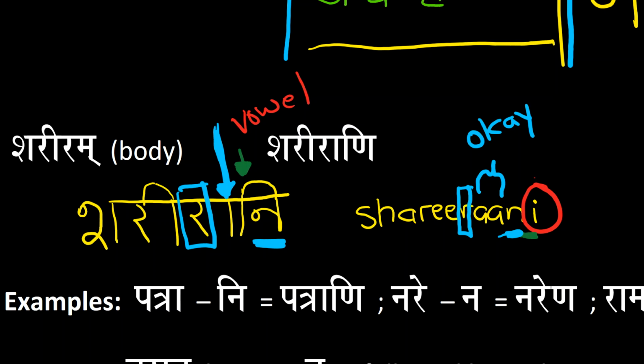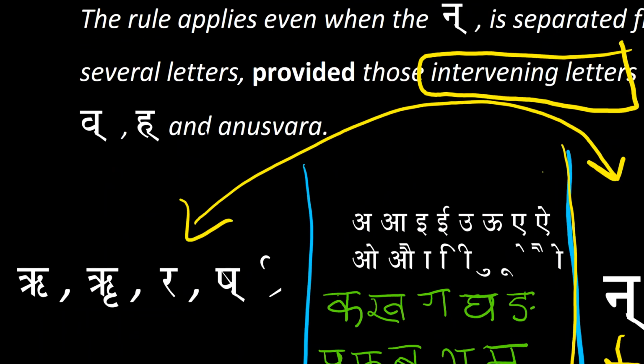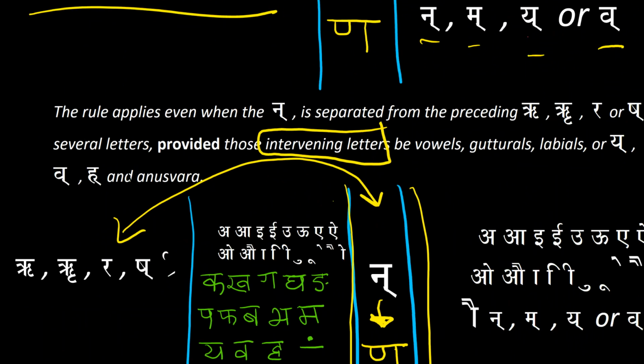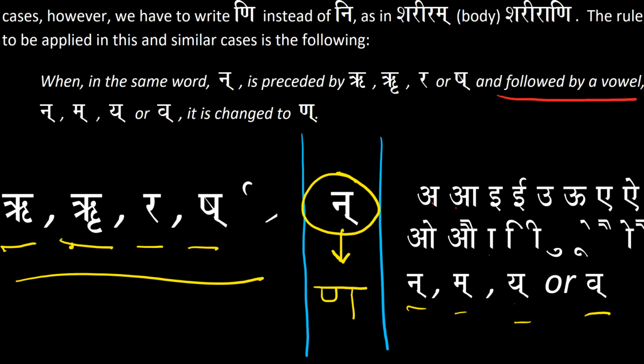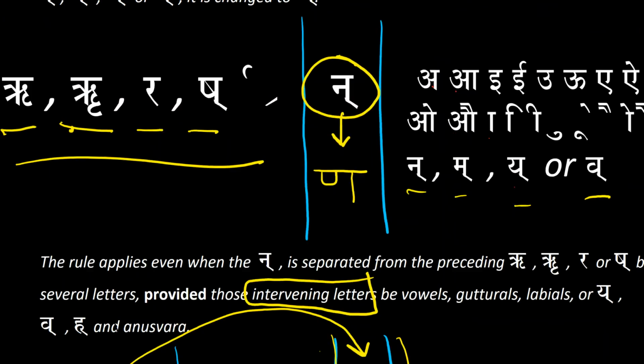So keep in mind, we had to take a look at what comes before our na and what comes after our na in our vocabulary word. And now I know that it changes because they all agree with the rule, and that rule again is that when in the same word, if na is preceded by these letters and then followed by a vowel, na, ma, ya, or va, it's changed to the cerebral na.